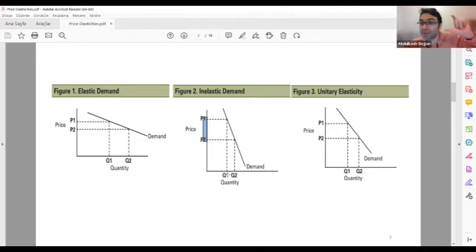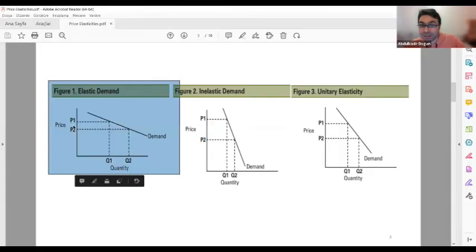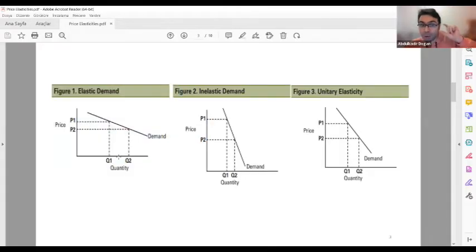Do you see the difference now? Here the price increases so little, but quantity and customer demand change so much. But here prices change so much, and nobody changes their demand. This is like water. Whatever price the seller gives you, you should buy. Your demand doesn't change.